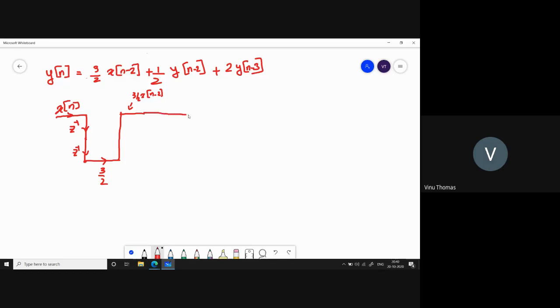And now somewhere here you will have an output y(n). And here you take a z raised to minus 1. Sorry, the first multiplier is not needed. Actually, you require only y(n minus 2).